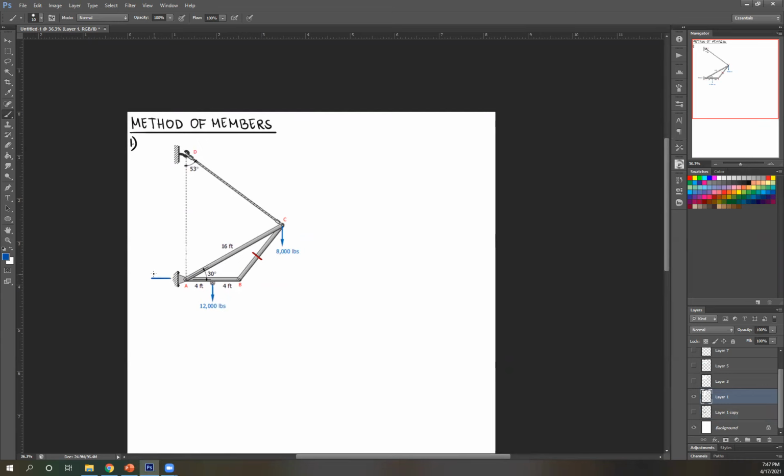So let's solve. These loads are downward, so I'm going to assume the reaction at A is upward. I'm just going to assume this is the direction for my RAH. This is RAV. Or you can write it this way, just AV and AH for vertical and horizontal reactions.